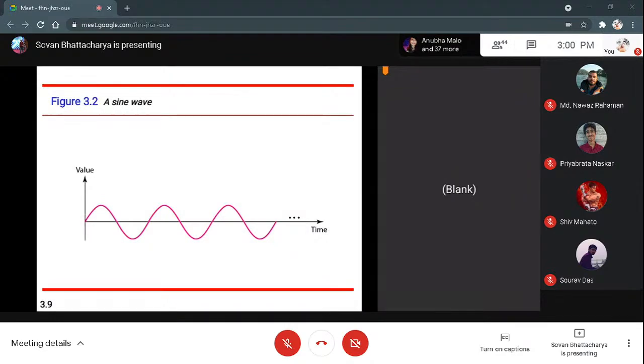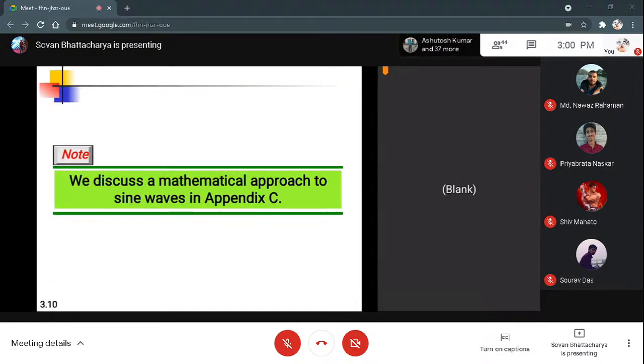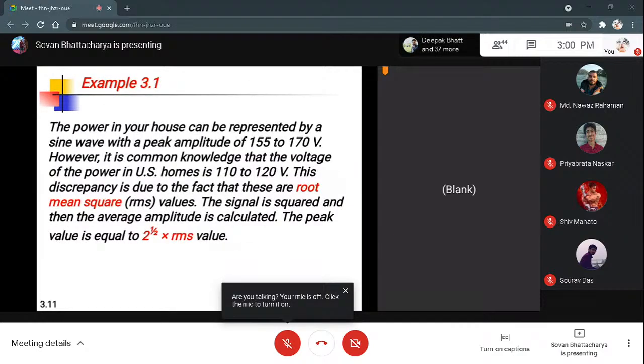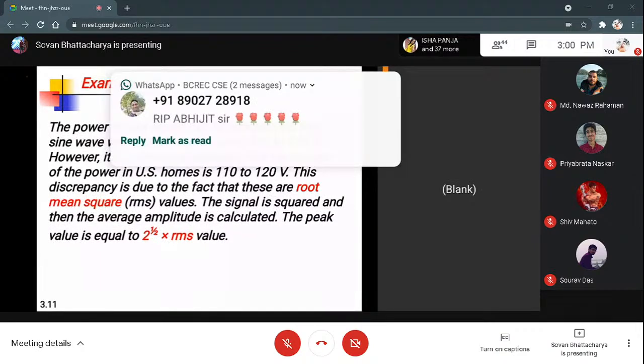So it happens, and that is why it is periodic. Mathematically we have to express it; in some cases, for example, 155 to 170 volts. In common use, this will be repeated.